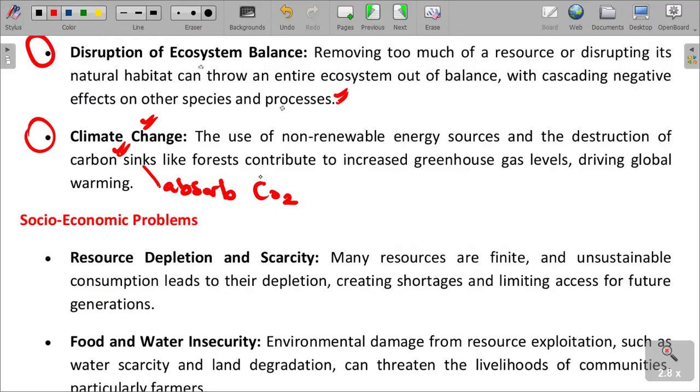So this contributes to an increase in greenhouse gases and the accumulation of pollutants in the atmosphere, driving global warming, that is, temperature increases.